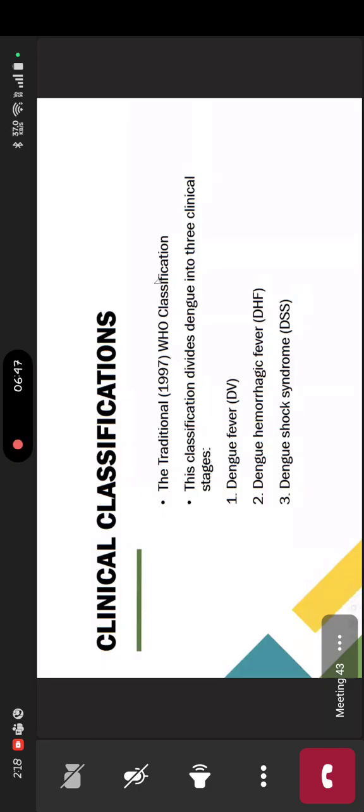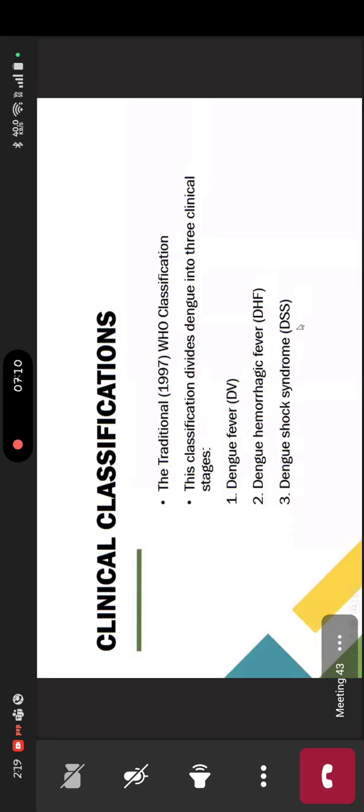First one is dengue fever, and second one is dengue hemorrhagic fever, right, in which a patient is also suffering from internal bleeding, or bleeding from some organs. Dengue hemorrhagic fever means the patient is suffering from internal bleeding. Then we have dengue shock syndrome, right?